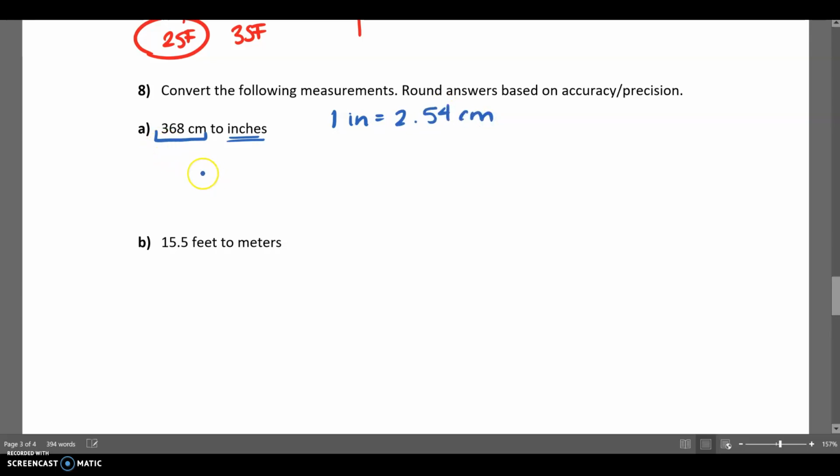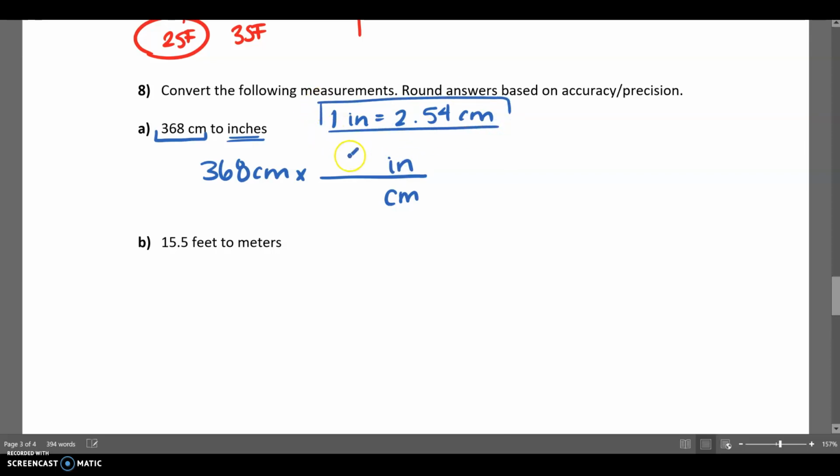When we set these up, we always start with our measured value. So in this case, 368 centimeters, and I want to convert that to inches. I set up the fraction for my unit conversion so that units cancel. If centimeters is on top of my measured value, it's on the bottom of my conversion fraction, inches on top. From the conversion factor on our sheet, I know that 1 inch is 2.54 centimeters.